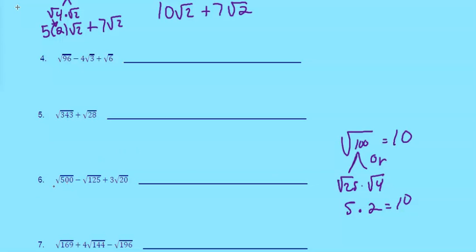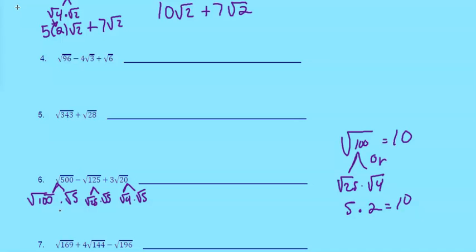So 500 is the square root of 100 times the square root of 5. 125 is the square root of 25 times the square root of 5. And then 20 is the square root of 4 times the square root of 5.